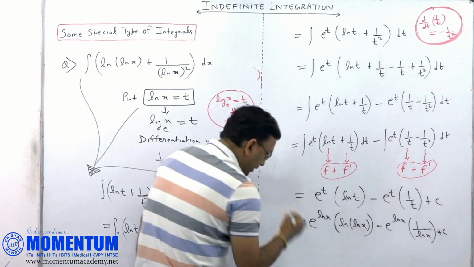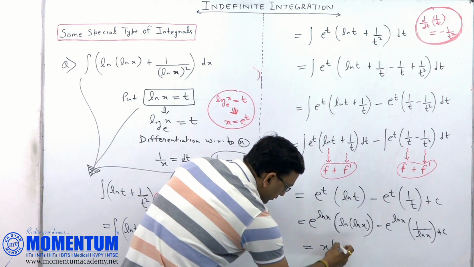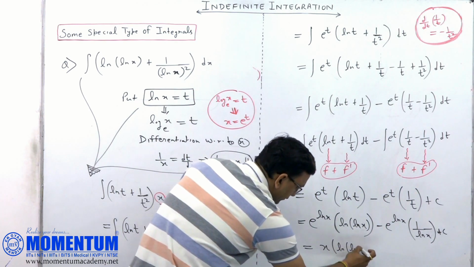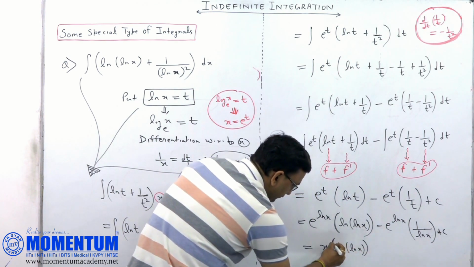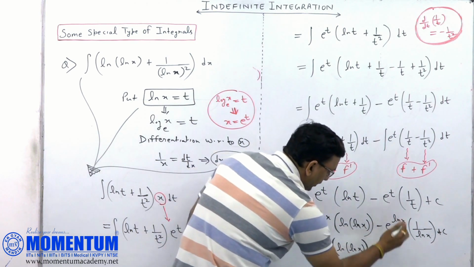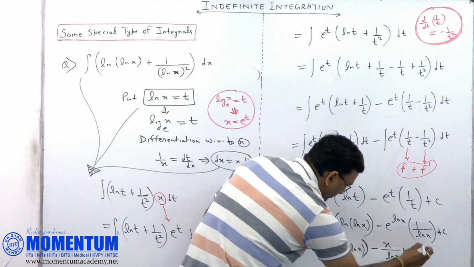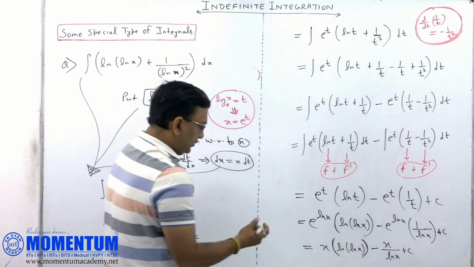Now, e to the power ln x, how much? x. So x into ln of ln x, minus x upon ln x, plus c. So that's the final answer.